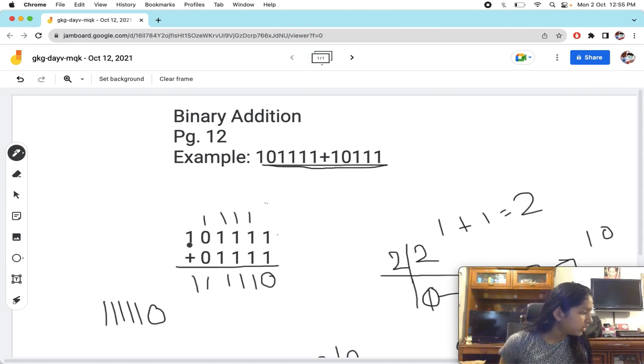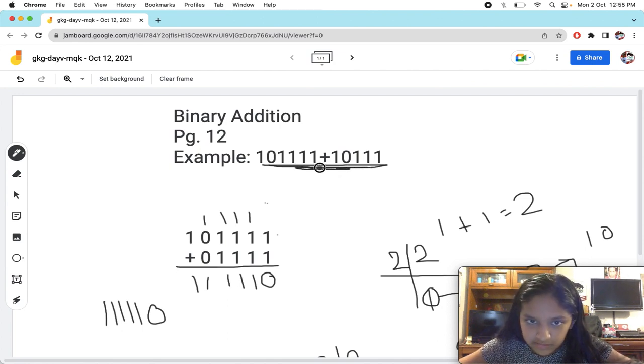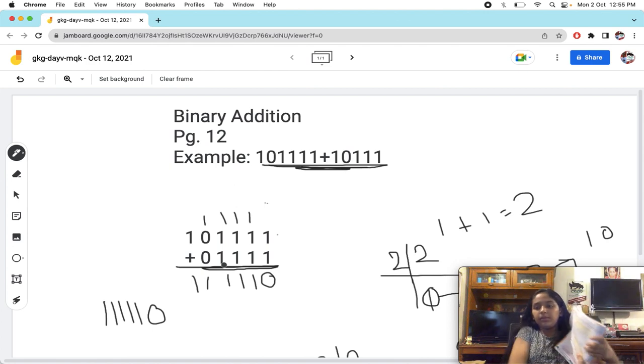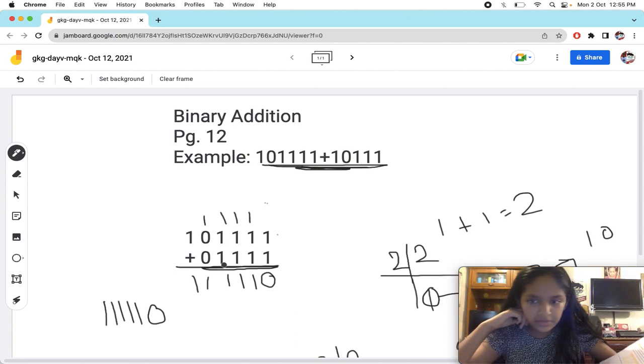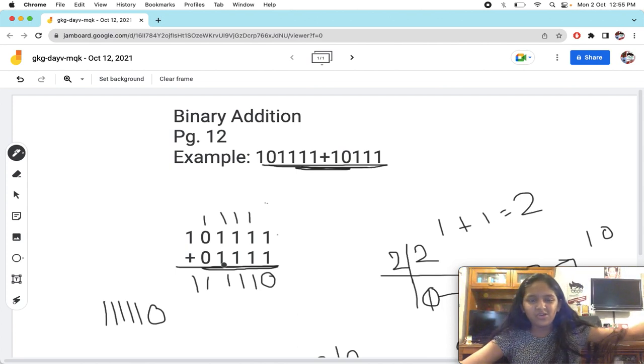In our book it is written 1 0 1 1 1 1, and then 1 0 1 1 1. This is the correct one, which is in our book. But here we have done it with another question, that's why we are getting another answer. You might be thinking I'm teaching wrong. No, I accidentally wrote the wrong question.